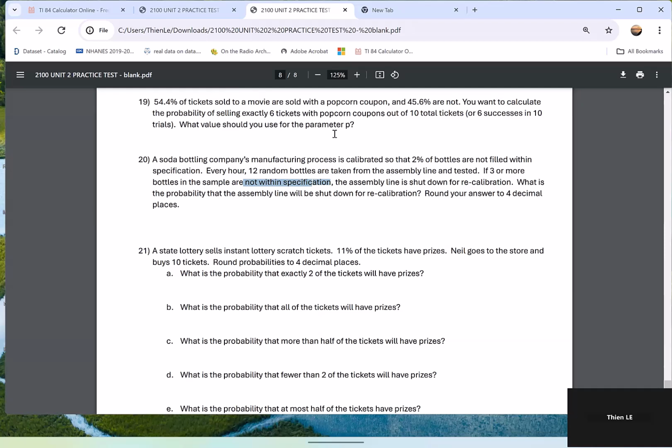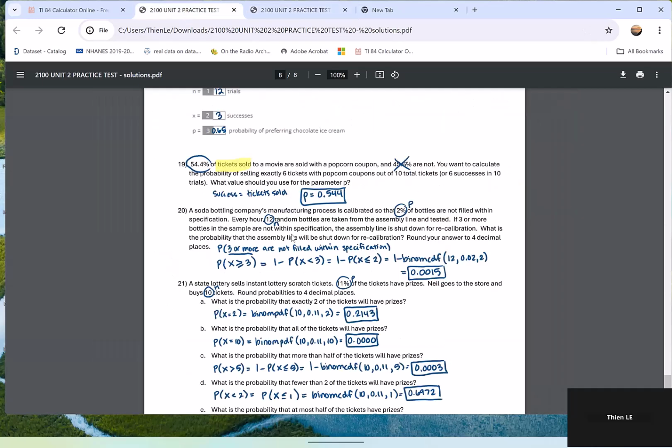You want to calculate the probability of X greater than or equal to 3, which is the case where you have to shut down the machine. So X is greater than or equal to 3, and X follows a binomial with n equal to 12 and p equal to 0.02.